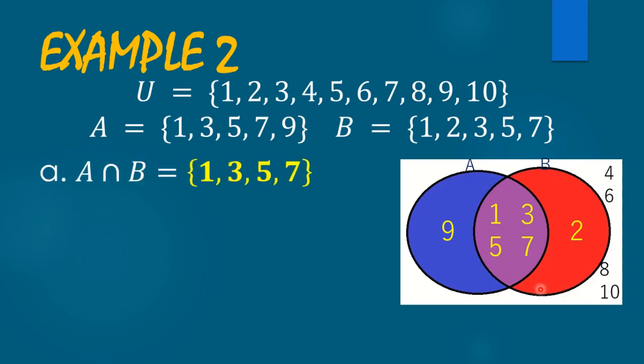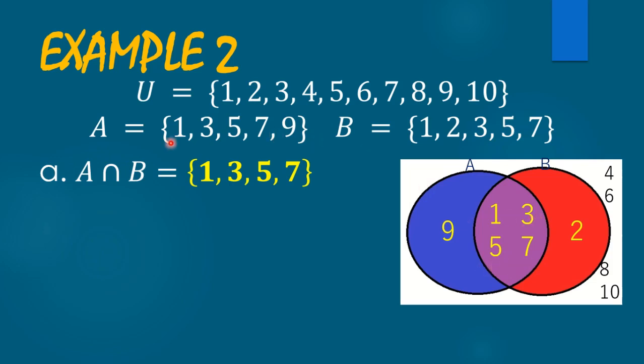So let's have first A intersection B. If we're going to look at our Venn diagram, this region illustrates the intersection between event A and B. So we have 1, 3, 5, 7.